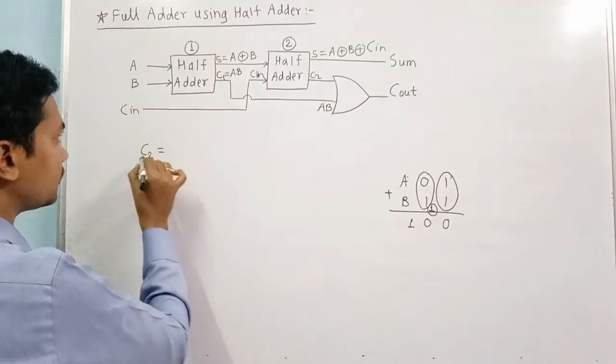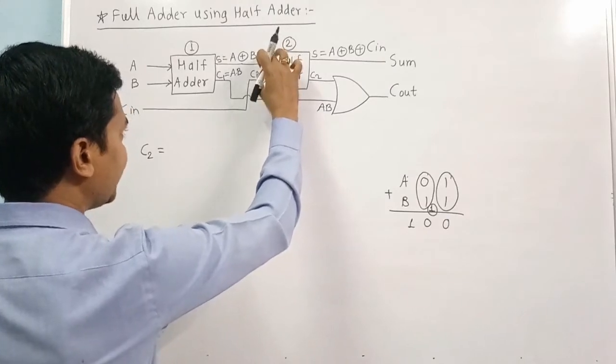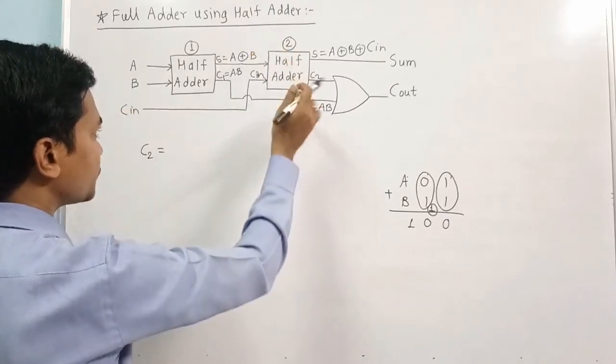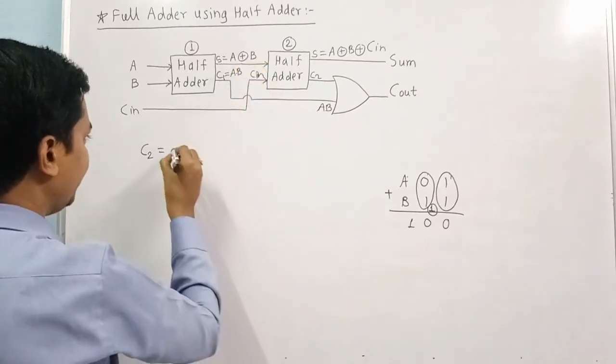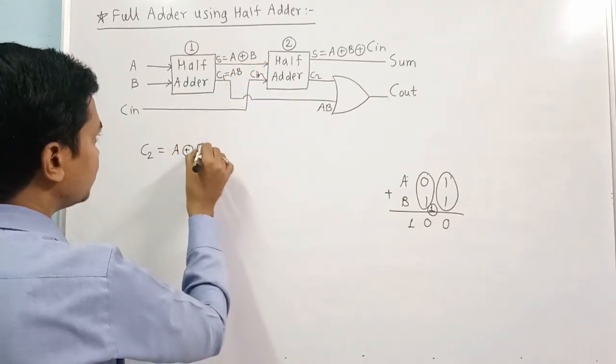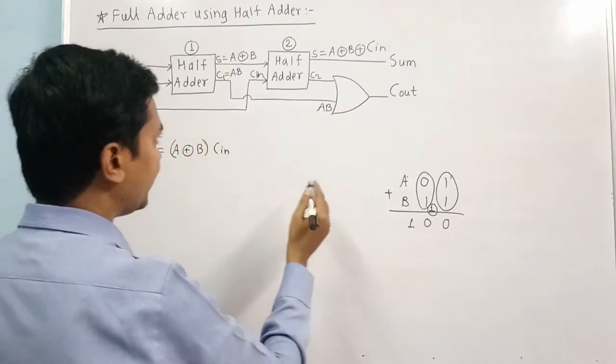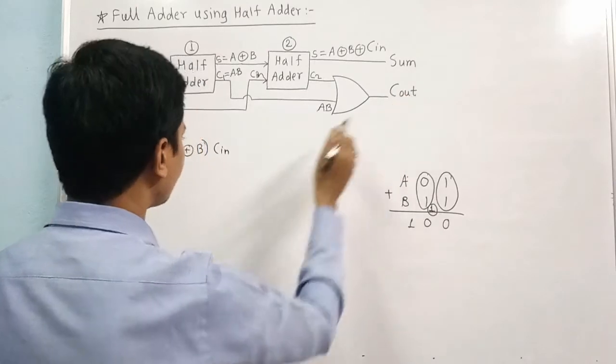So C2 is equal to what? The ANDing of these inputs, which is A XOR B into C in. And how to obtain the C out?